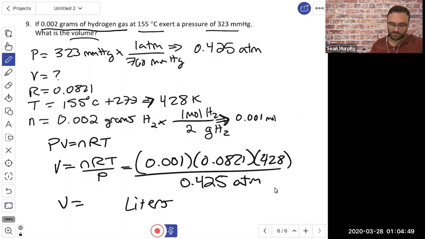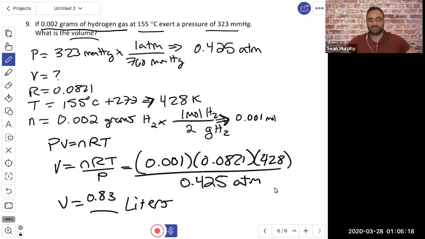So let's get our calculator out. 0.001 times 0.0821 times 428 divided by 0.425. And it's going to be 0.83 liters. And that is that.